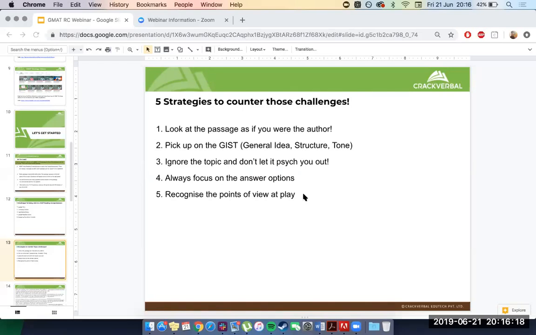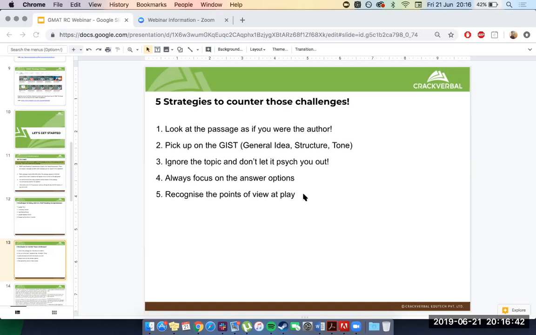If you have done RC passages in the past, you know that you will get questions like, the author will be most likely to agree with which of the following. So you need to know what the author is thinking, what the author's tone and point of view are, and what she agrees or maybe doesn't agree with. That's something you have to look out for.